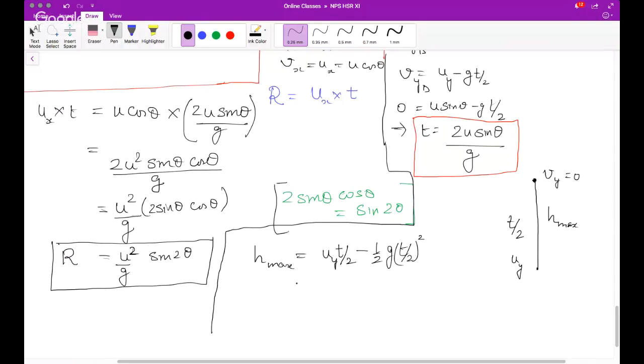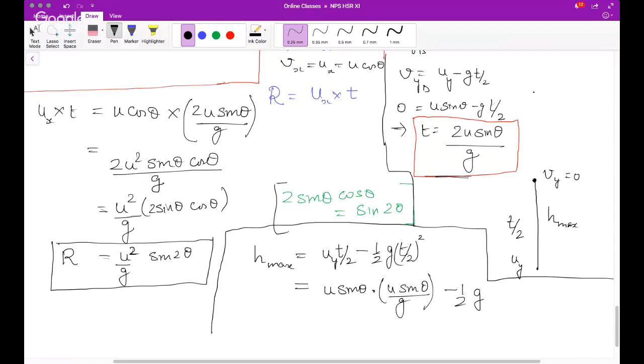Let's simplify. What do we get? uy was u sine theta, and T by 2, from this equation, is nothing but u sine theta by g. Then minus half g into T square by 4, which is T by 2 whole square.